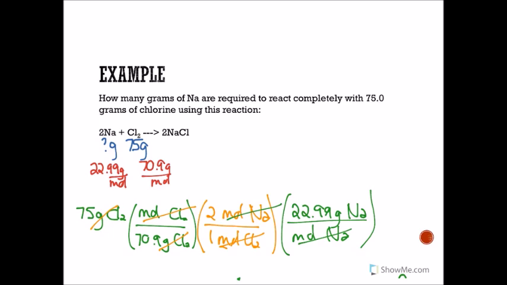We multiply all that out, so 75 times 1 times 2 times 22.99 divided by 70.9. We end up with 48.6 to 3 significant figures, so 48.6 grams of sodium. There we go.